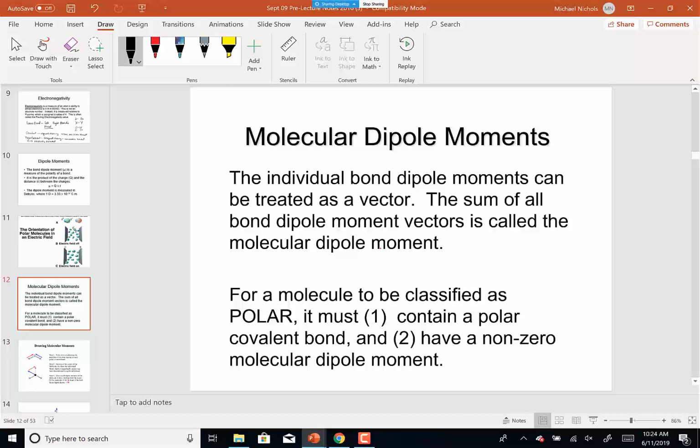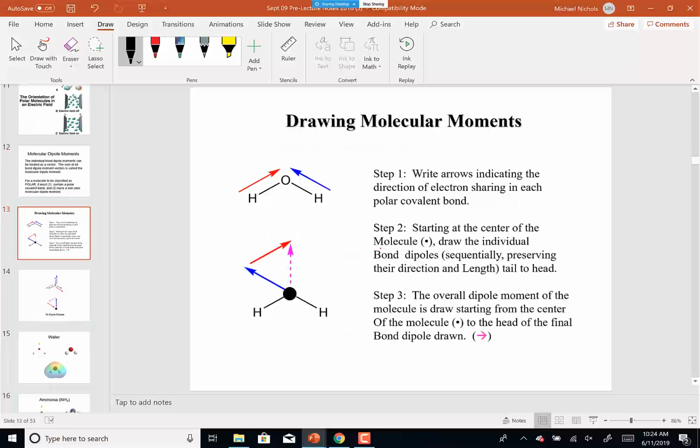What was that? Take the molecule, and there are a couple of ways we can do this. If we have water, what we know is that the hydrogens are delta positive and the oxygens are delta negative. We can use arrows to indicate that.